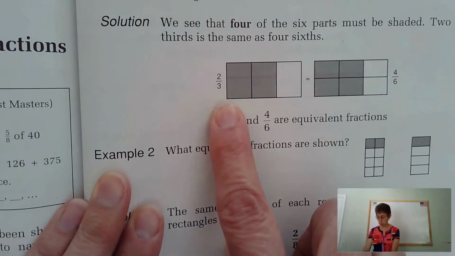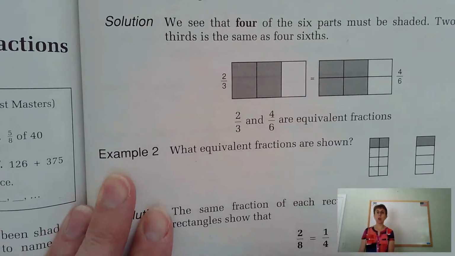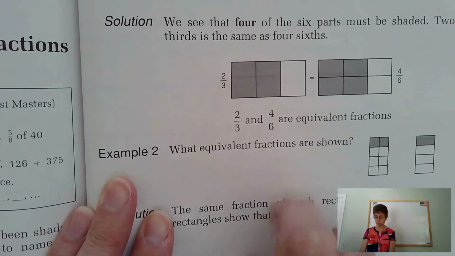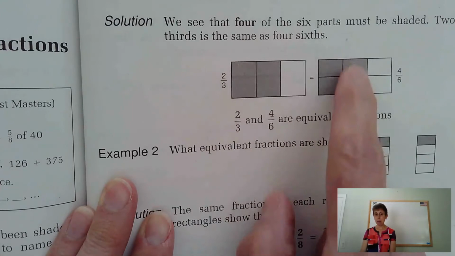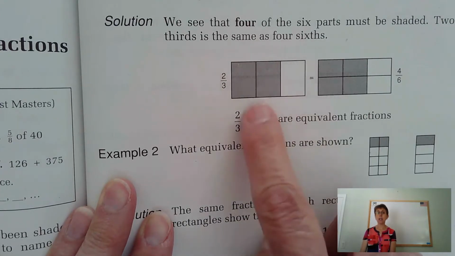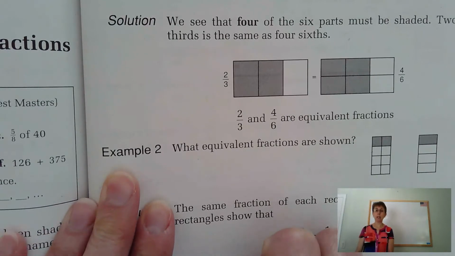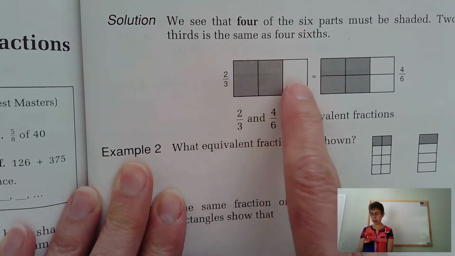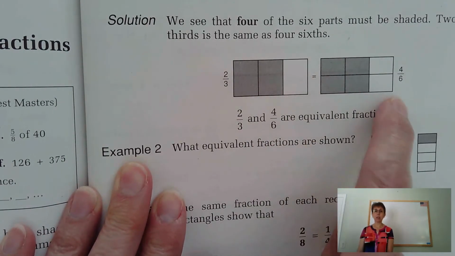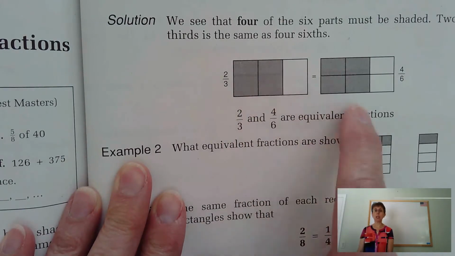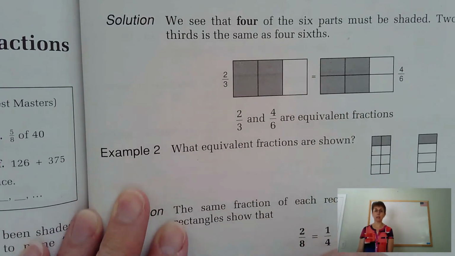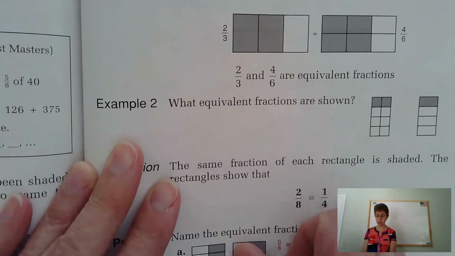So 2/3 and 4/6 are equivalent fractions. Again, it's the same amount, it's just that in each of these rectangles, the whole rectangle is divided up into a different number of pieces. 3 pieces versus 6 pieces. 2/3 shaded, 4/6 shaded, but they are equivalent fractions.